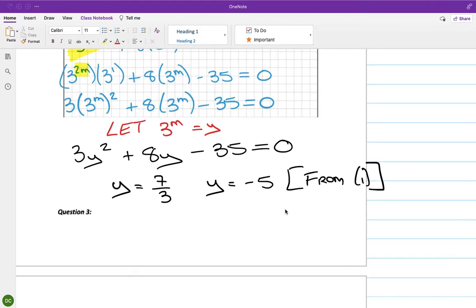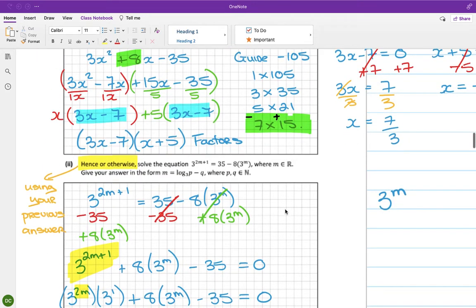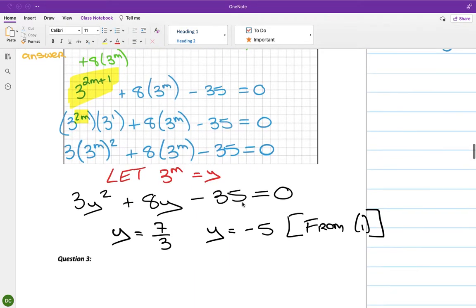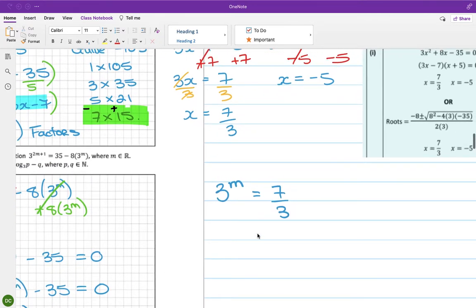Okay, so now I need to bring my, I might go back up a bit actually. I need to bring my let back in. So my let was 3 to the m, and 3 to the m equals the first answer, which is 7 over 3, and then 3 to the m is minus 5.